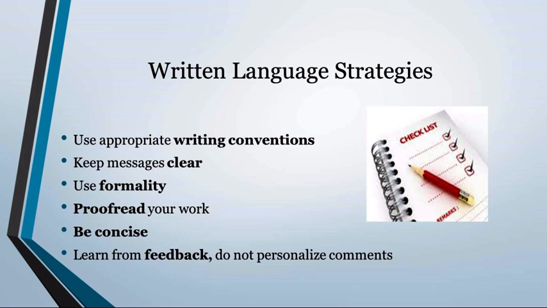Okay? So when we are thinking about written language strategies, it comes down to the six that are presented here. Use appropriate writing conventions, keep messages clear, use formality, proofread your work, be concise, and learn from your feedback without personalizing it. Okay?